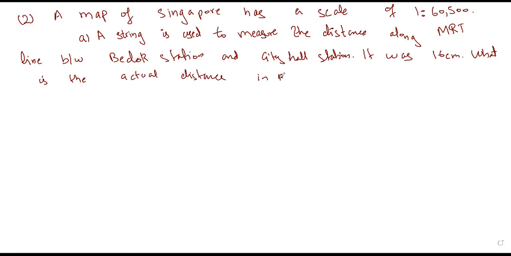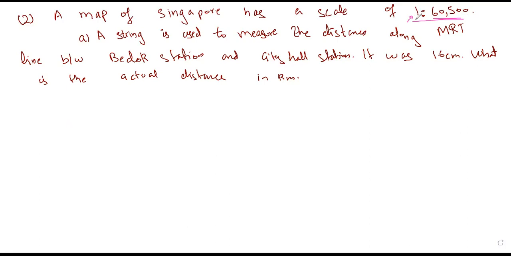A map of Singapore has a scale of 1:60,500. This means that if there's a dimension in reality that is 60,500 centimeters long, on the map it would be just 1 centimeter.